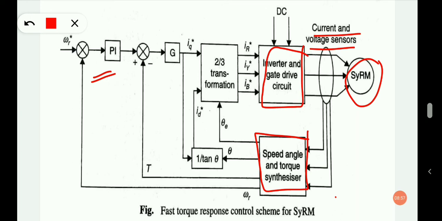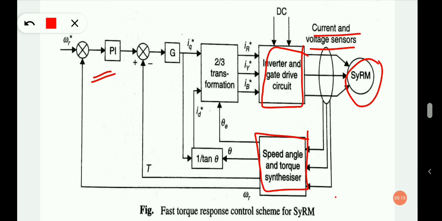In the next video we will discuss the advantages and applications of the synchronous reluctance motor, and also we will see some numericals based on the synchronous reluctance motor.